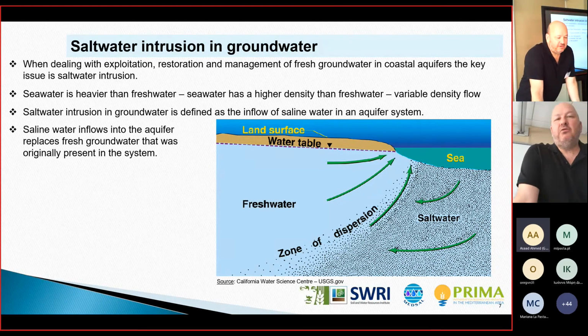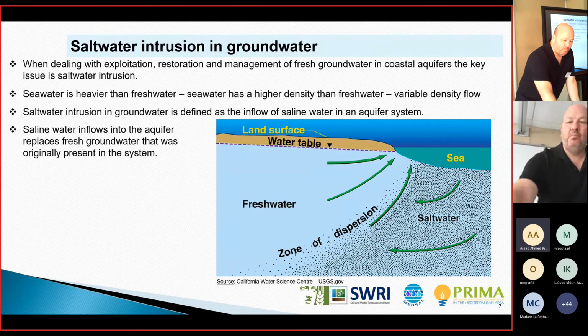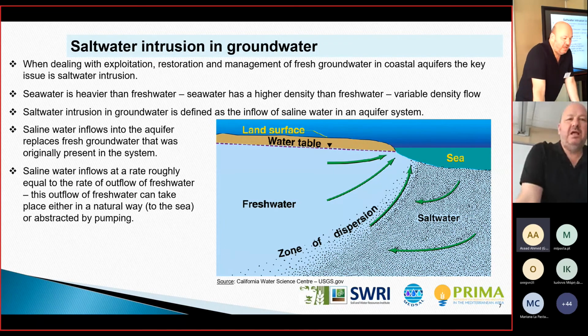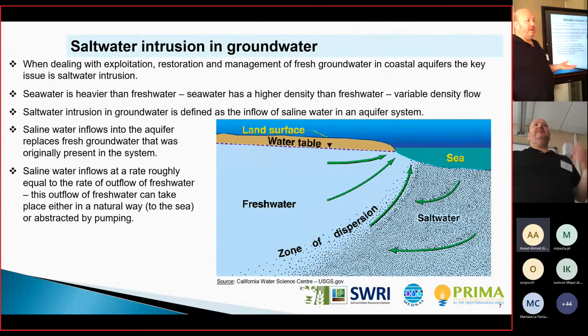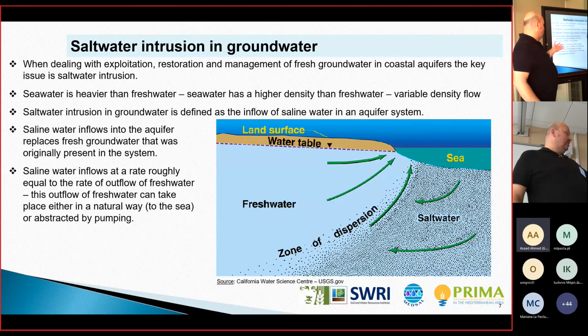of saline water in an aquifer system. As this saline water flows into the aquifer, it replaces the fresh groundwater that was originally in the system. I think it's quite simple. But here we can see that if we consider an equilibrium, either dynamic or static, between the freshwater and saltwater, the flow of saline water in the aquifer will be more or less equal to the outflow of fresh water from the aquifer.